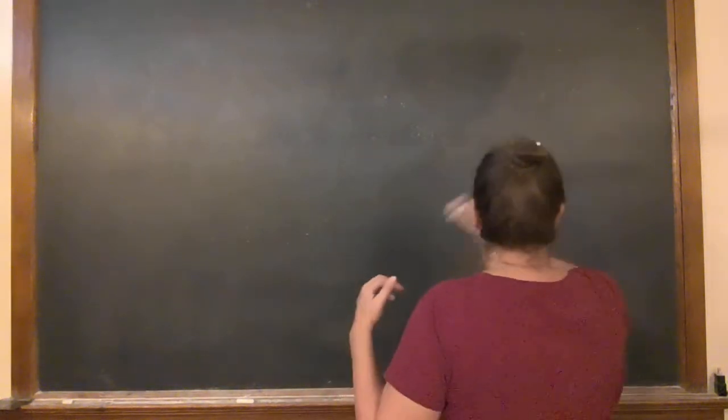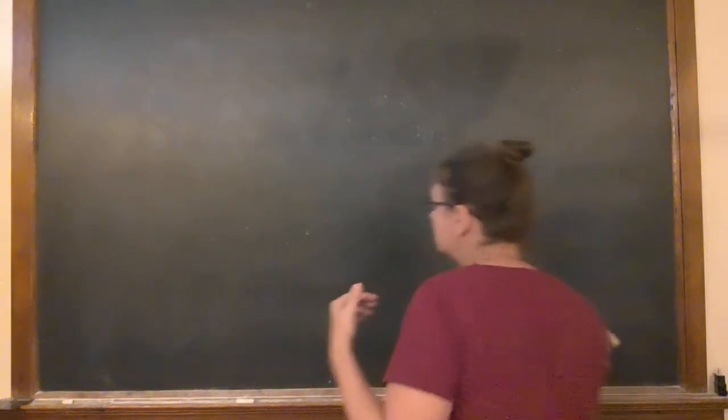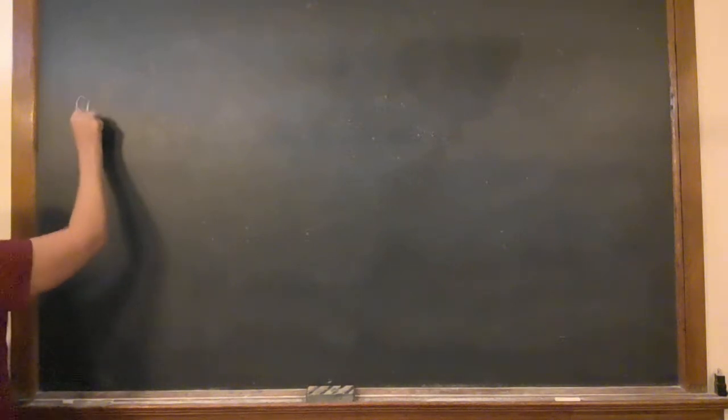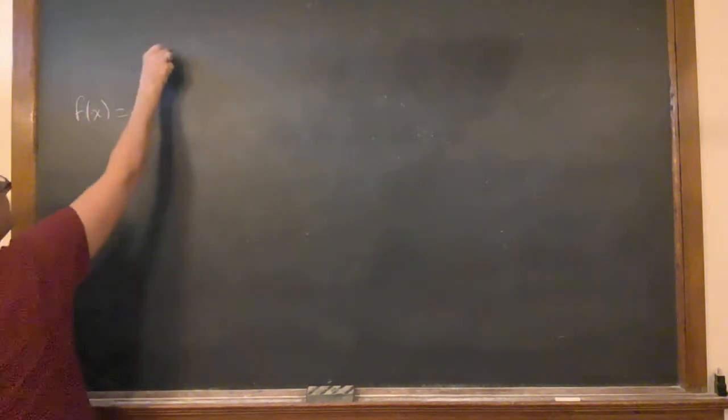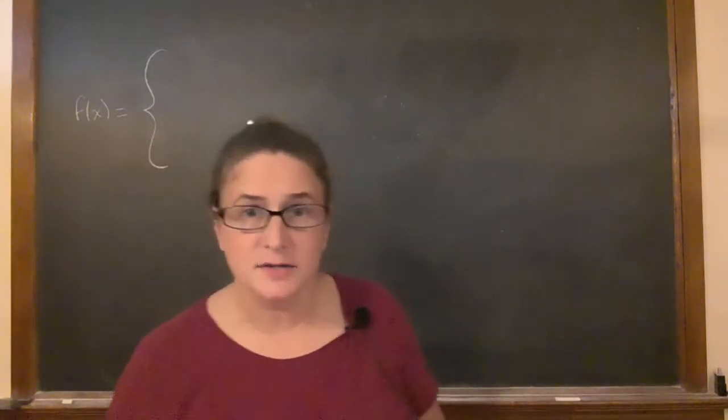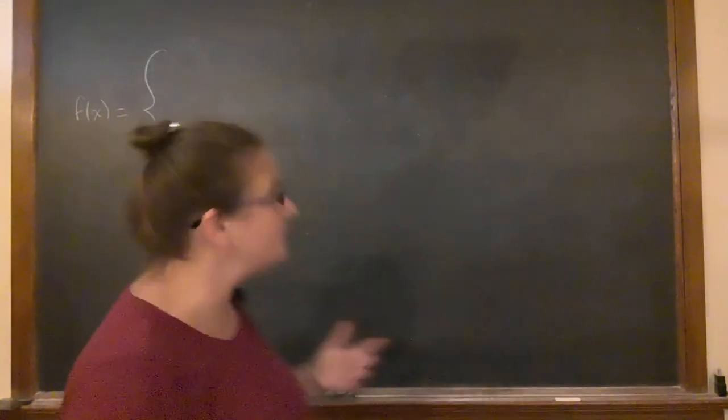That's something we'll see a lot in this class, and that's something that occasionally is confusing. Piecewise defined functions, as I'm sure you remember, are ones where the rule is different on different parts of the domain.